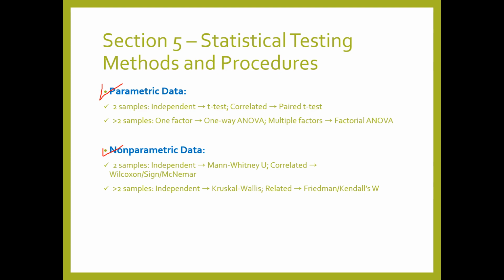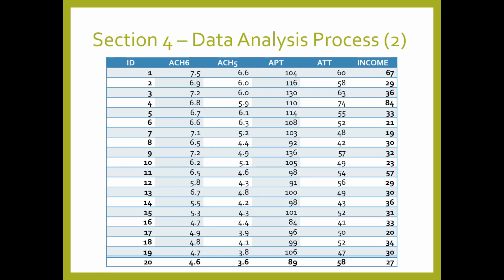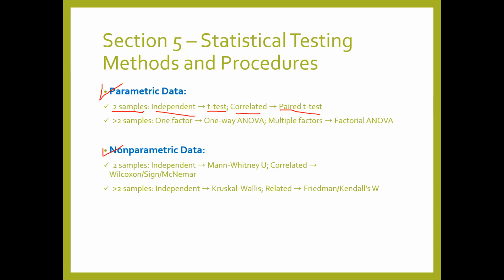But remember, right now, for two samples, if the samples are independent, you can use the t-test. I think in biotechnology they have a lot of experiments, and they will ask you to do the t-test. So remember the guideline here. If it is correlated, you can use a paired t-test, like you see ACH6 and SH5, you can use a paired t-test.